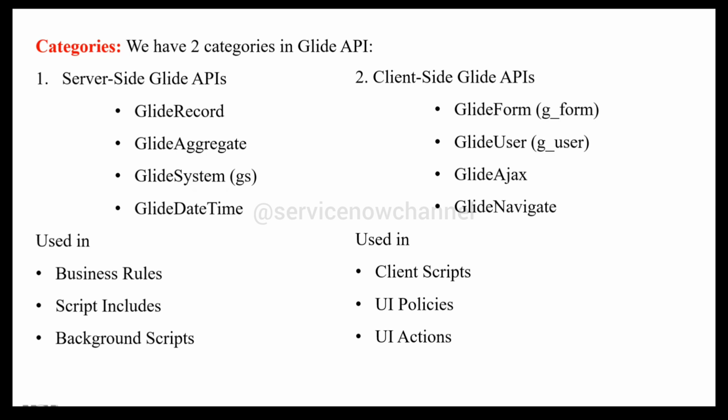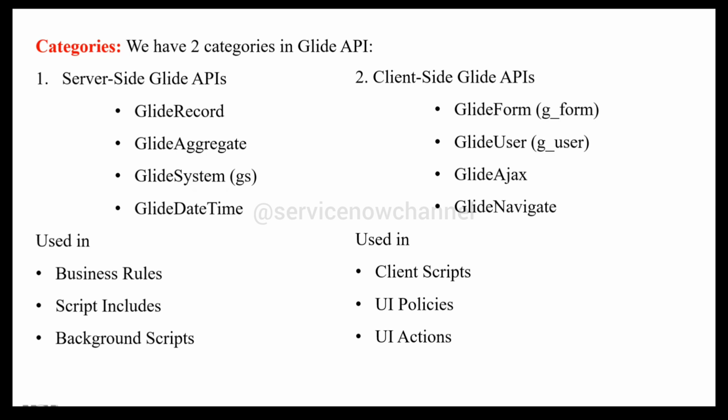These all come under server-side Glide APIs. Server-side Glide APIs are used in business rules, script includes, background scripts and many more. Client-side Glide APIs also have four: GlideForm, GlideUser, GlideAjax, GlideNavigate. These are basically used in client scripts, UI policies, UI actions, and many more.